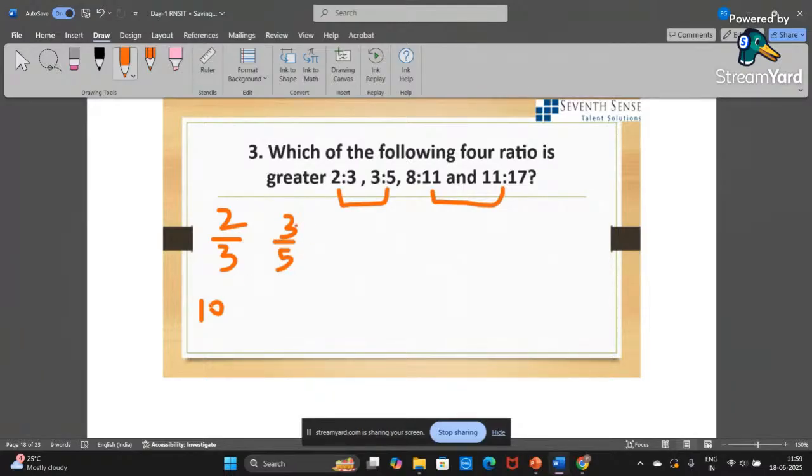Here we have taken 3 as a numerator with this denominator. It is 9. Okay. Next, 8, 11, 11 by 70.